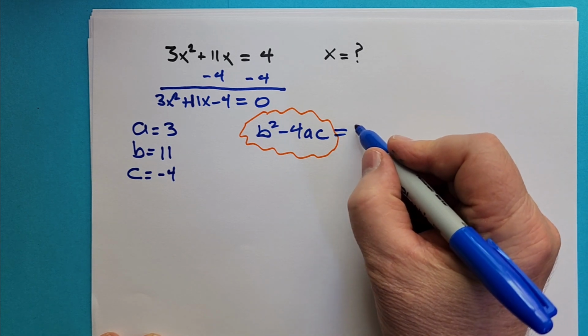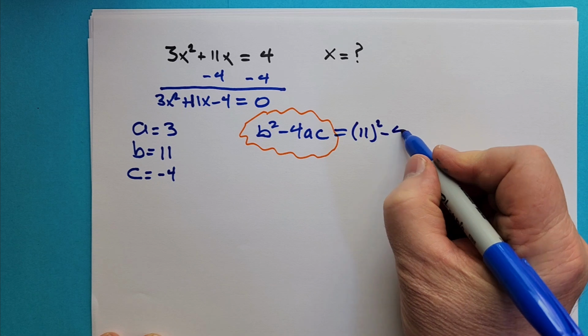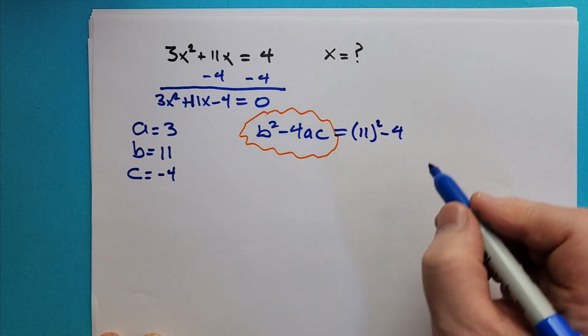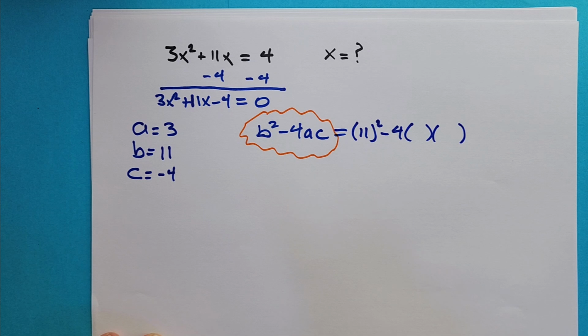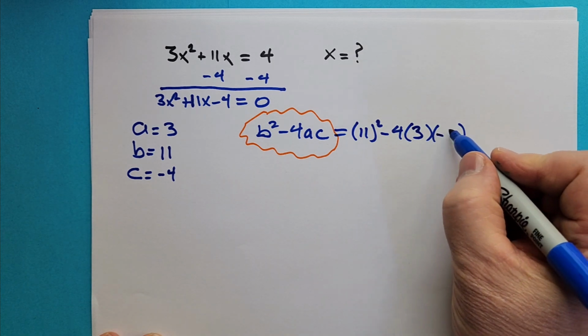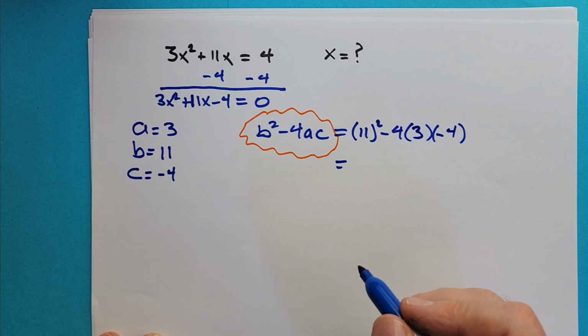So b is 11, but that's going to be squared, minus 4. The 4 is a formula constant, times a and c. Remember, when you do a substitution, you use parentheses to show that. So a is 3, and after we moved the 4, c became a negative 4. And then we just figure this out. So the square goes before anything else following the order of operations.